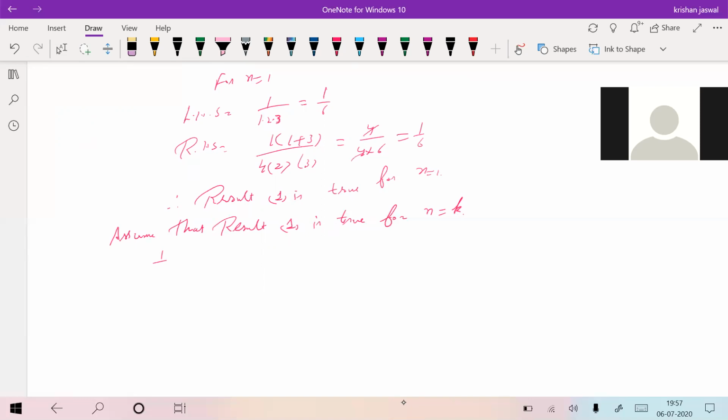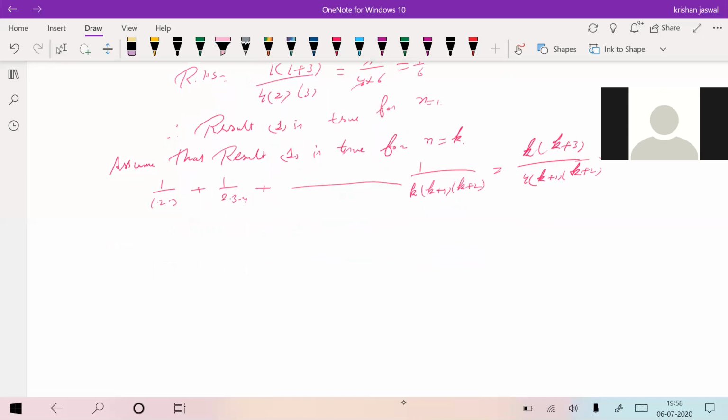Therefore, 1 over 1 into 2 into 3 plus 1 over 2 into 3 into 4, and so on, plus 1 over k into k plus 1 into k plus 2, is equal to k into k plus 3 over 4 into k plus 1 into k plus 2.